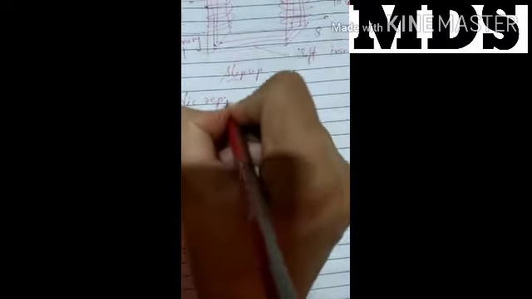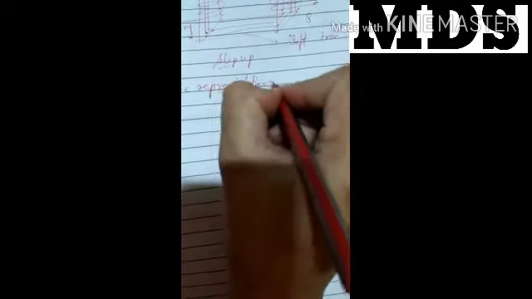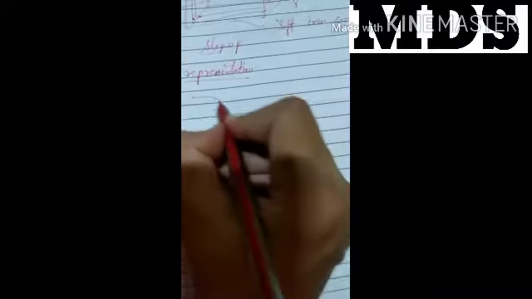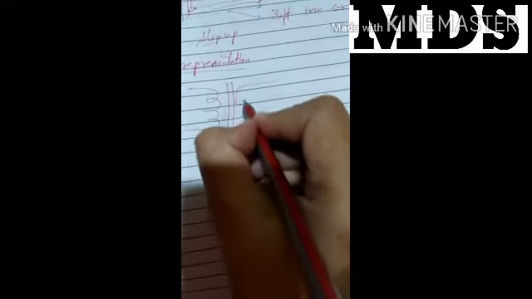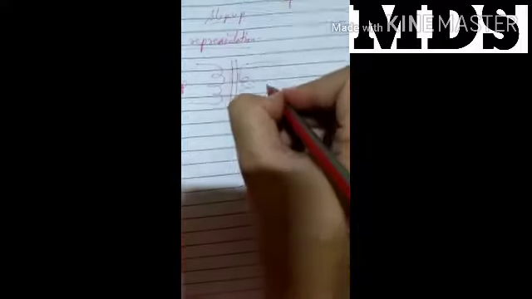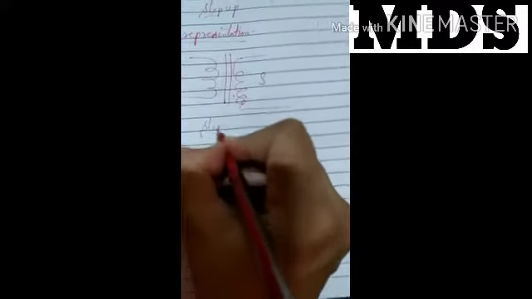Symbolic representation, here we can use it like this: primary coil, this our secondary coil, that is a step up. Clear?